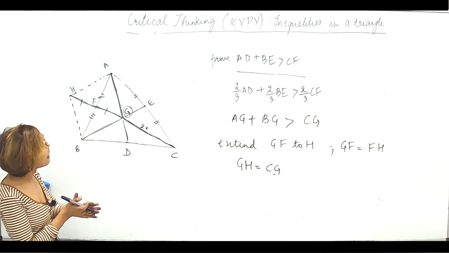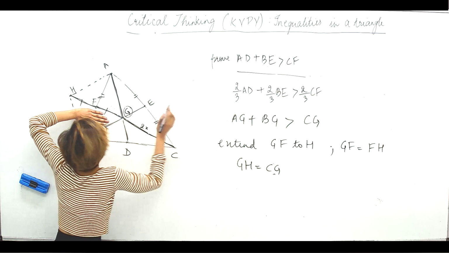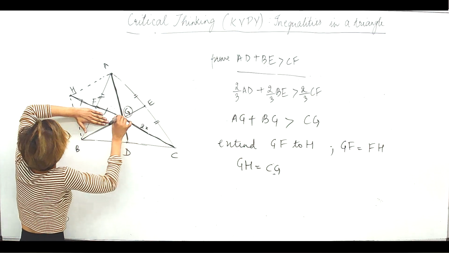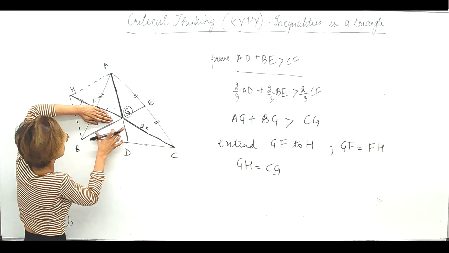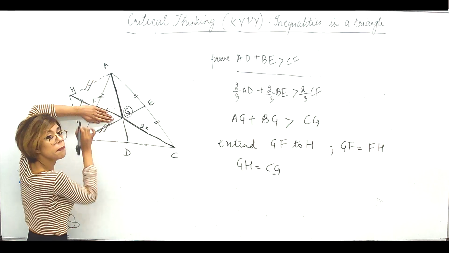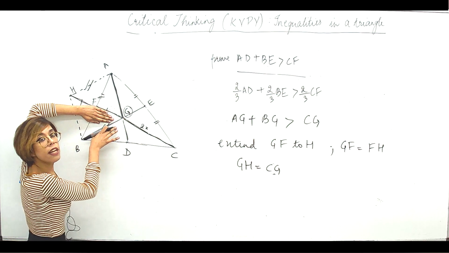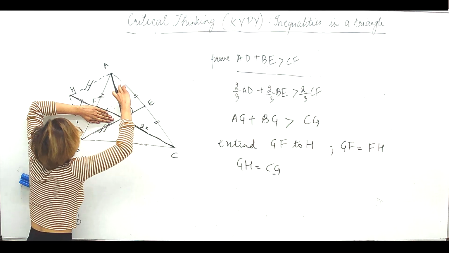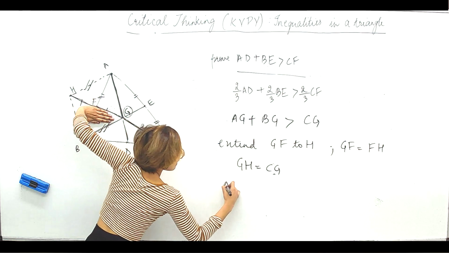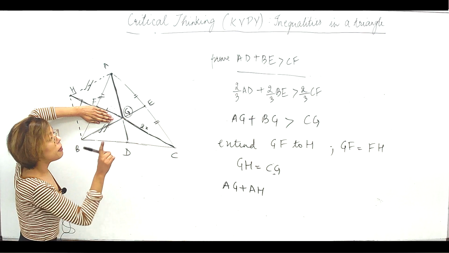So maybe this can help us now. It is a parallelogram. What did I need? AG plus BG. AG is here, and BG was here, but in a parallelogram this length will be equal to this length. So instead of proving AG plus BG, I'll prove that AG plus AH should be greater than CG.